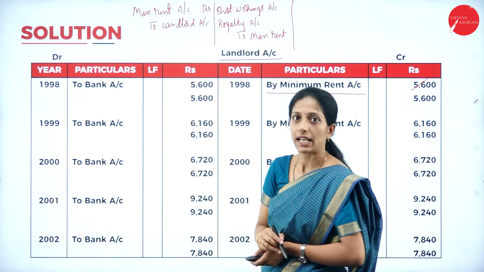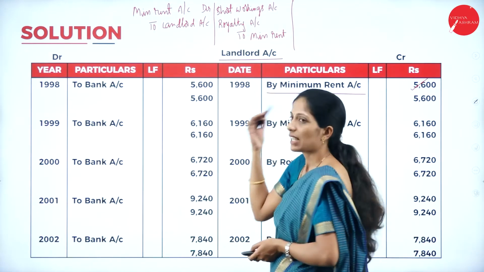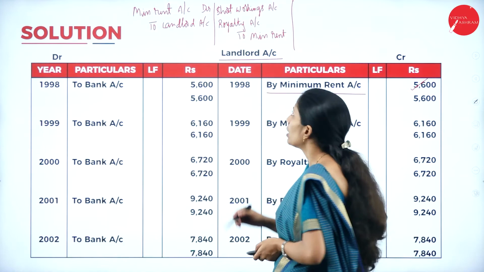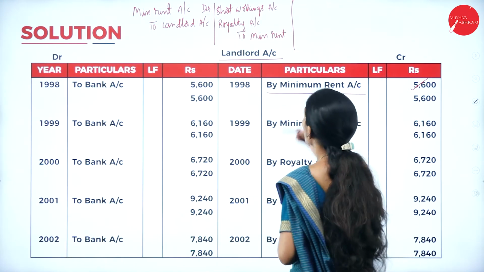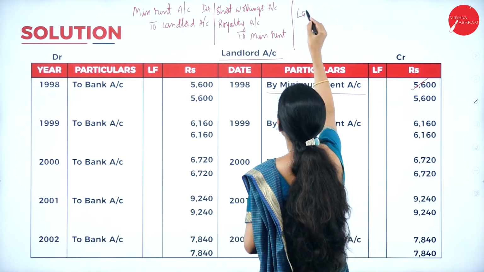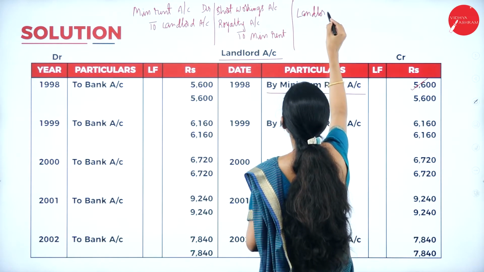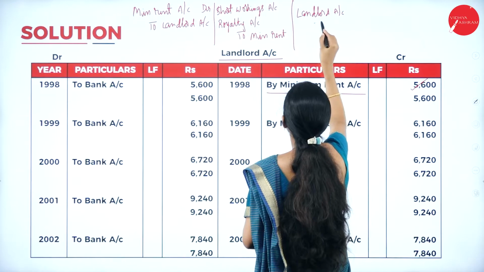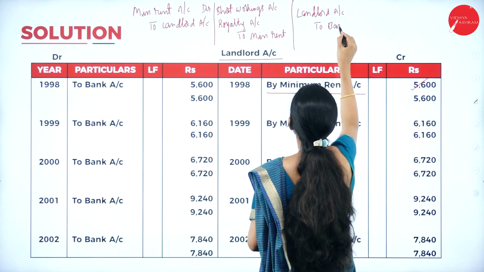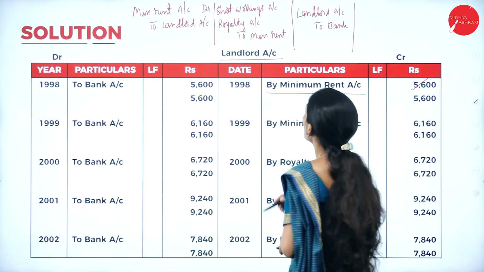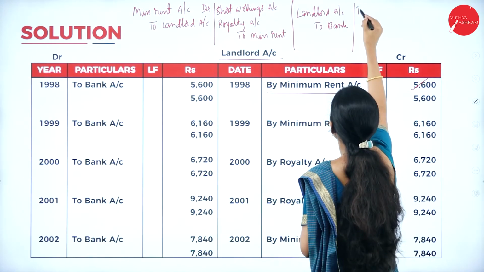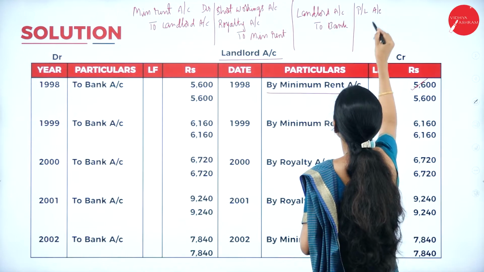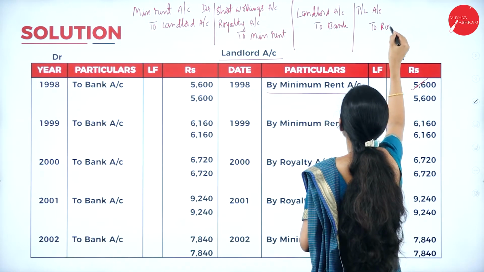So this will be the second entry when minimum rent is greater than royalty. Next, the third entry is that you are actually making payment to landlord. So your entry will be landlord account debtor to bank account. After that you are going to transfer the royalty to profit and loss account. So profit and loss account debtor to royalty account.